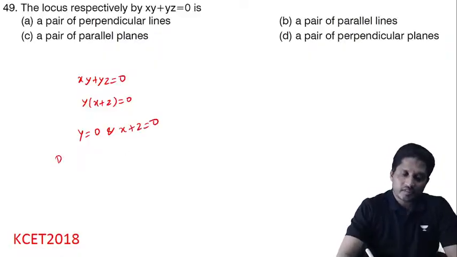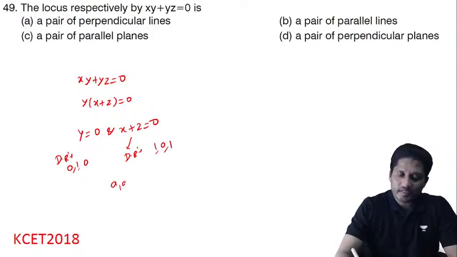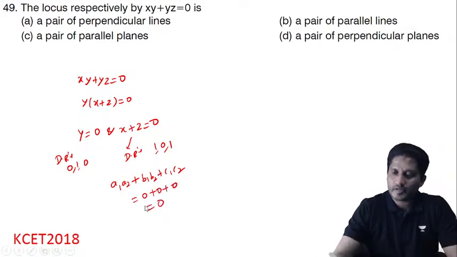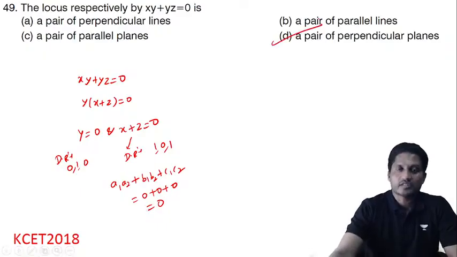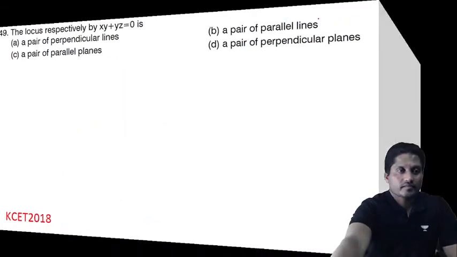Now the DRs of this plane will be 1 0 1, right? DRs of the other will be 0 1 0. So now if I multiply the DRs, a1 into a2 plus b1 into b2 plus c1 into c2, 0 plus 0 plus 0, they are perpendicular. Pair of perpendicular planes. Answer is option D. Let's move to the next question.